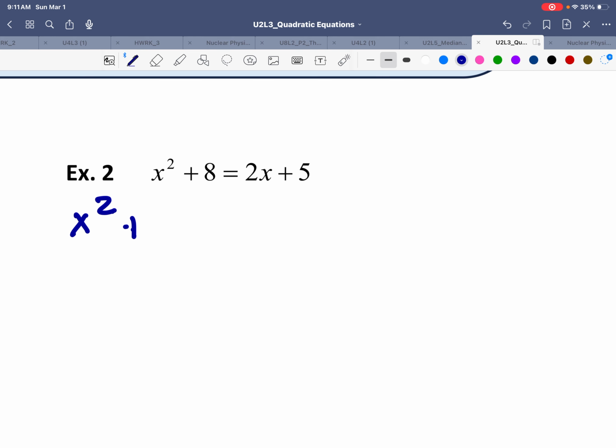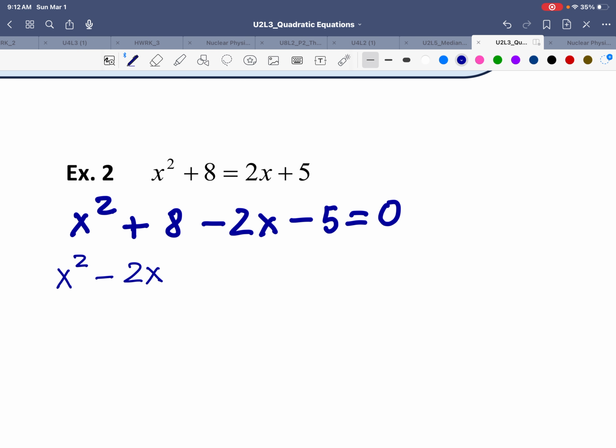Now 2x comes to the other side, and so does the positive 5, and they both have to switch their signs to the opposite. So we have x squared, putting them from highest to lowest degree, minus 2x. 8 and negative 5 will simplify to positive 3.